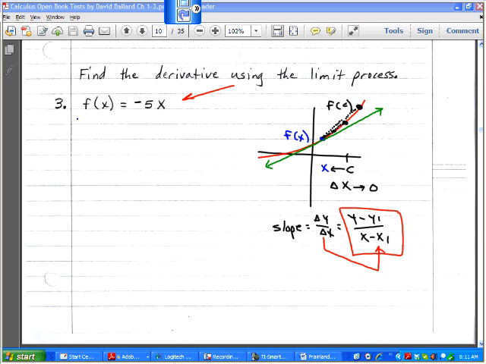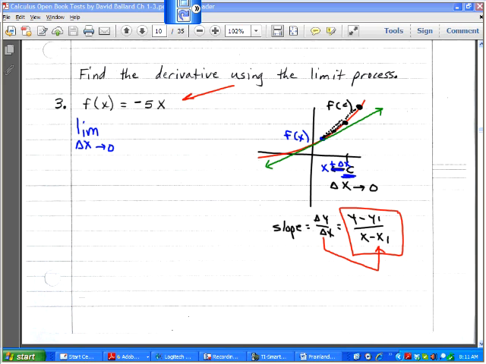It says the limit as delta x approaches 0 of. Now, if I picked a second point like C, another way to write C would be to add the distance here to x.